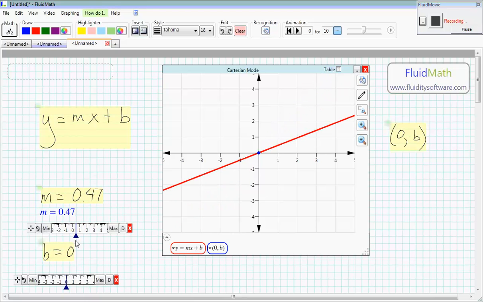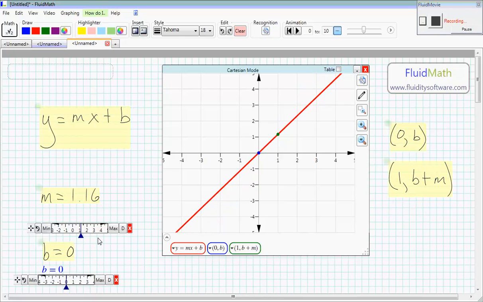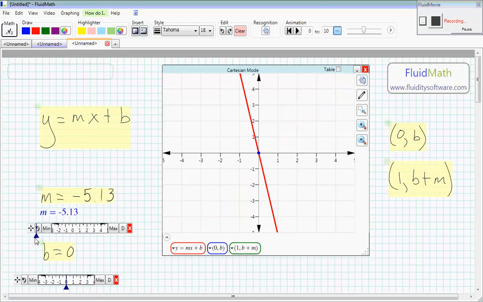So let's plot one more coordinate pair here. Let's plot the point 1, comma m. Sorry, 1, comma b plus m. And why that point? Let's have a look at how it changes. So it's on the line, first of all, and we can see that the line always passes through it.